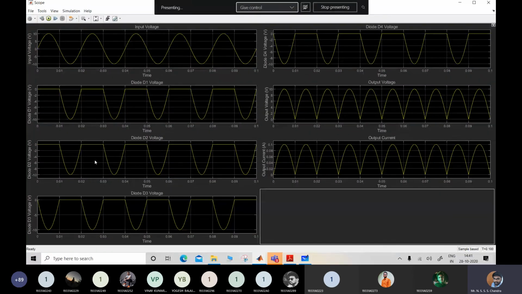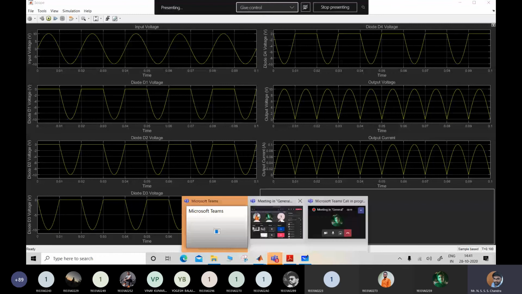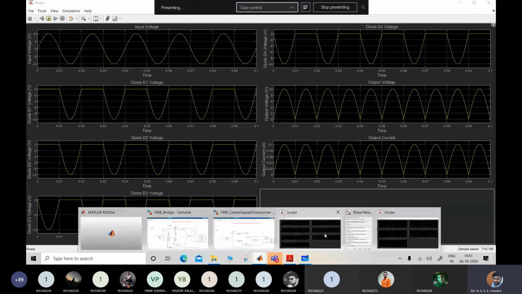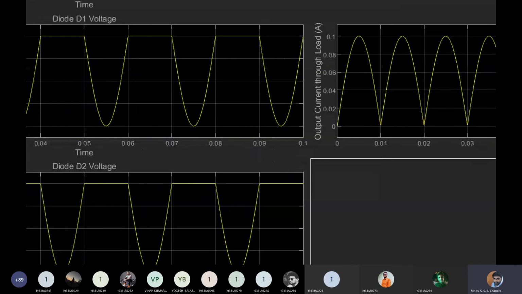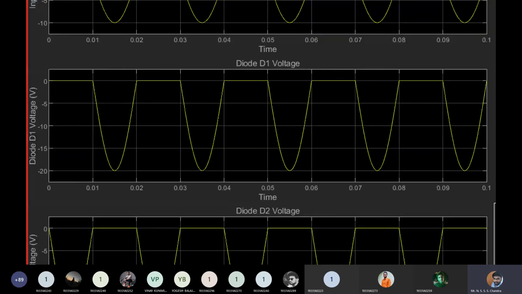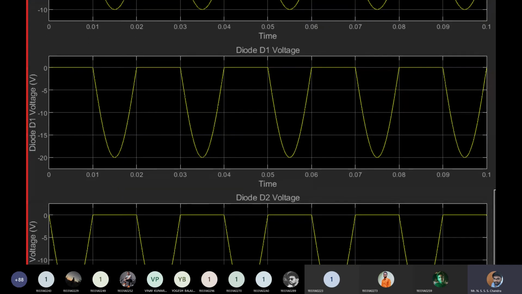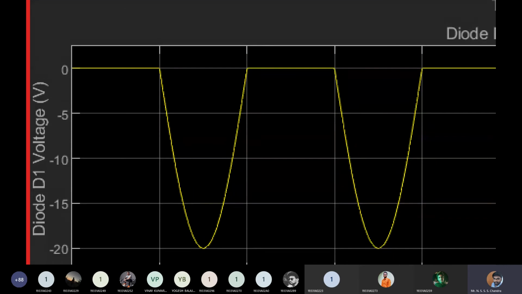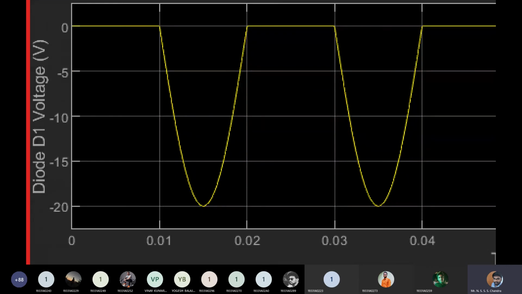Whereas in the center tapped transformer configuration, it is equal to minus 20. Can you see this? It is minus 20, so that is equal to 2 Vm. So except for the peak inverse voltage value, everything else will remain the same. Why will everything else remain the same?